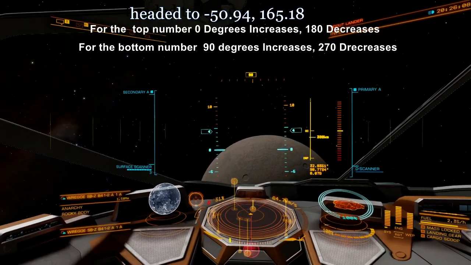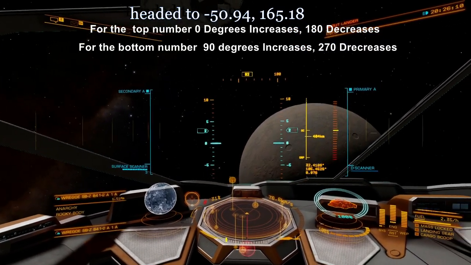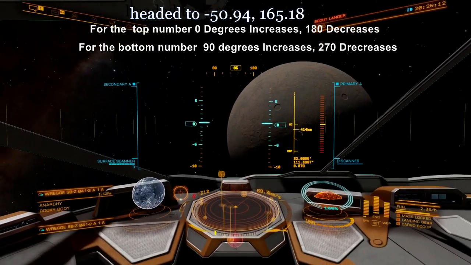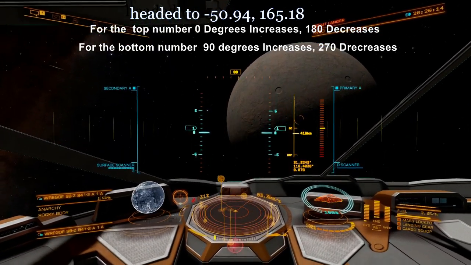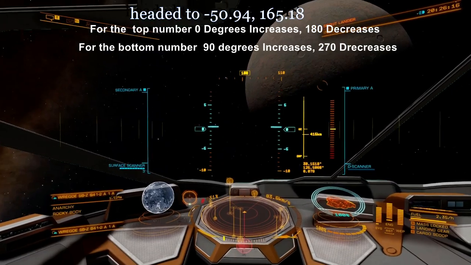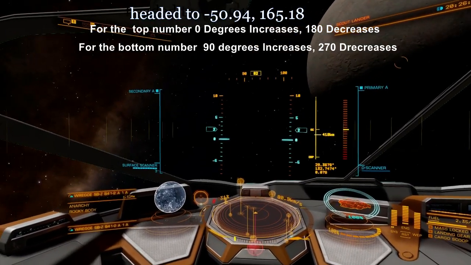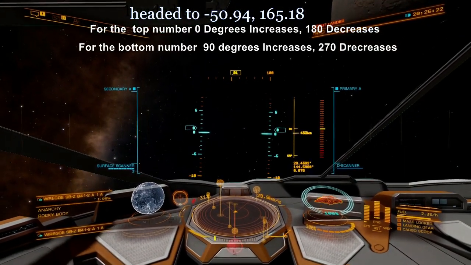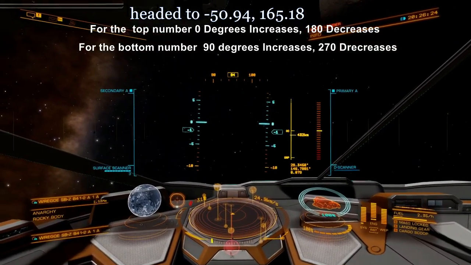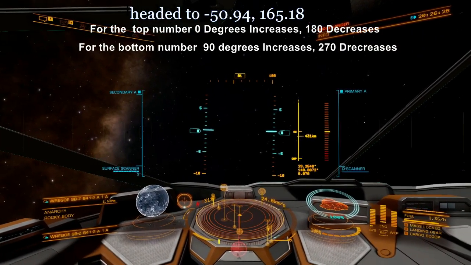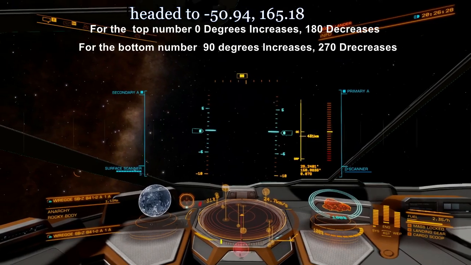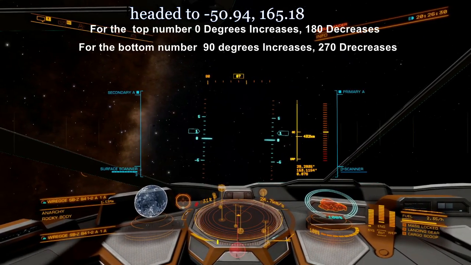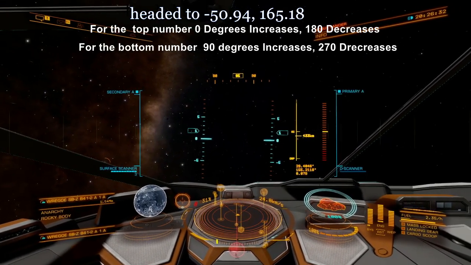So now we're moving it to 90 degrees. Now notice the bottom number is moving a lot faster. So I'm getting to 90 degrees. Now my bottom number is moving faster than my top number, and it's going up.